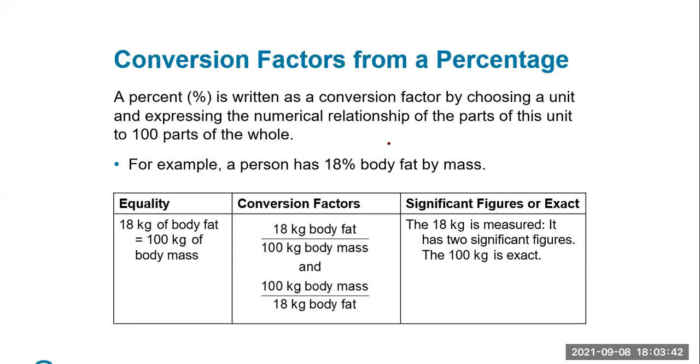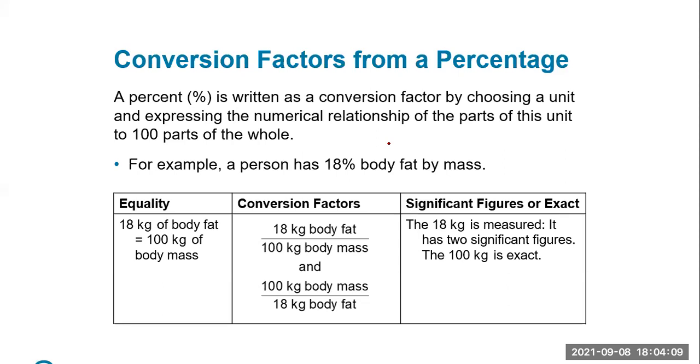Another very common thing that we get in problems sometimes are percentages. And a very good way to convert a percentage into a usable number or a usable conversion factor is to assume 100 of something. So for example, if you got 85 on your exam, that probably means that you got 85 points out of 100. And that makes the numbers easy.